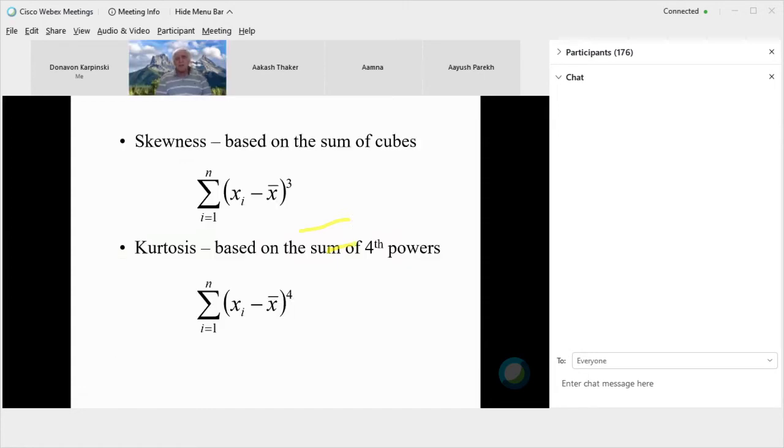To measure skewness, you use the sum of deviations from the mean raised to the third power. To measure kurtosis, you use the sum of deviations from the mean raised to the fourth power.